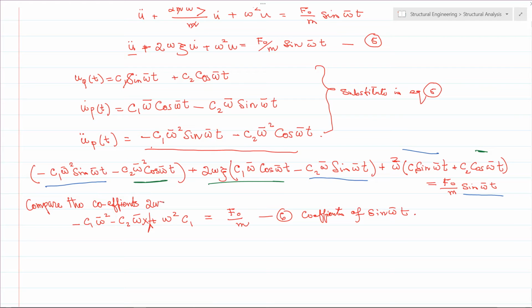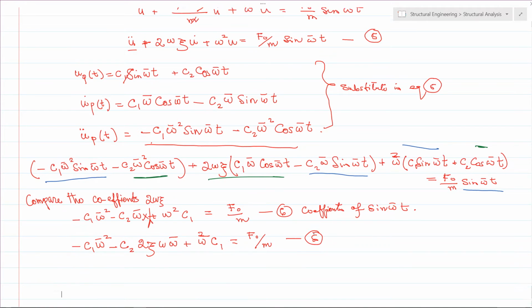That was a mistake. Let me rewrite carefully. C1 omega square minus C2 into 2 psi omega into omega bar plus omega square into C1, and that should be equal to F naught upon M. So actually this is our equation number 6.